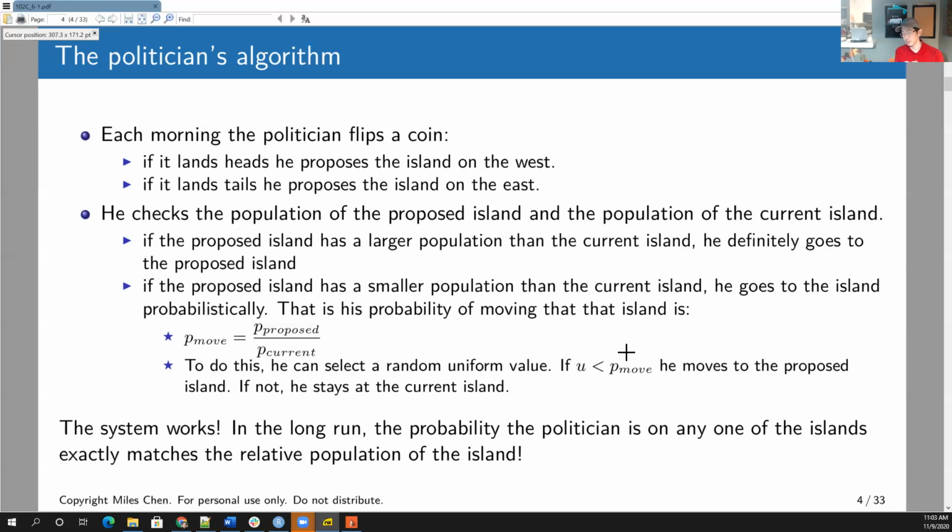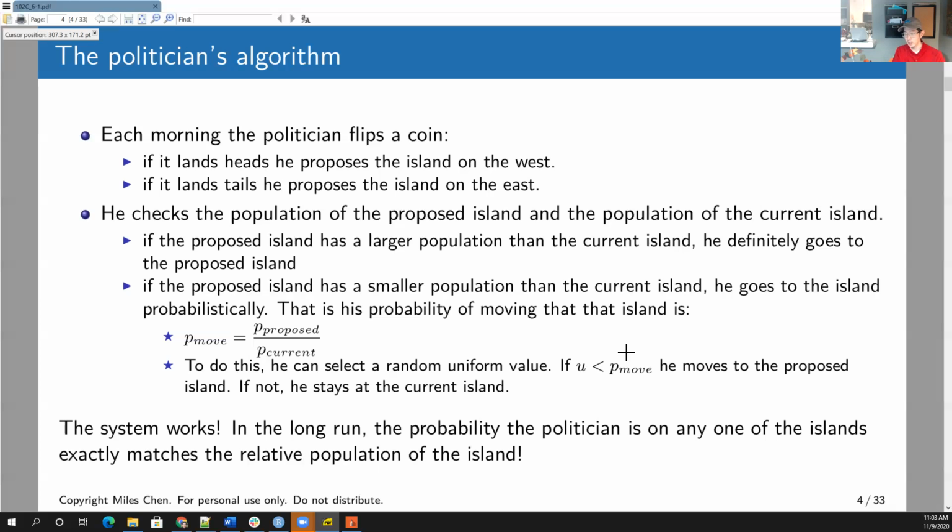He checks the population of the proposed island and the population of the current island. If the proposed island has a higher population than the current island, he definitely goes there, probability 100%.